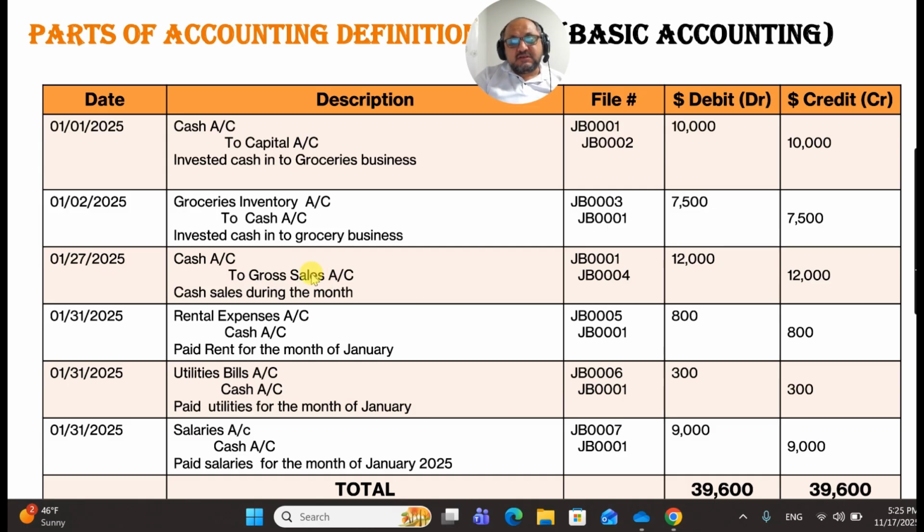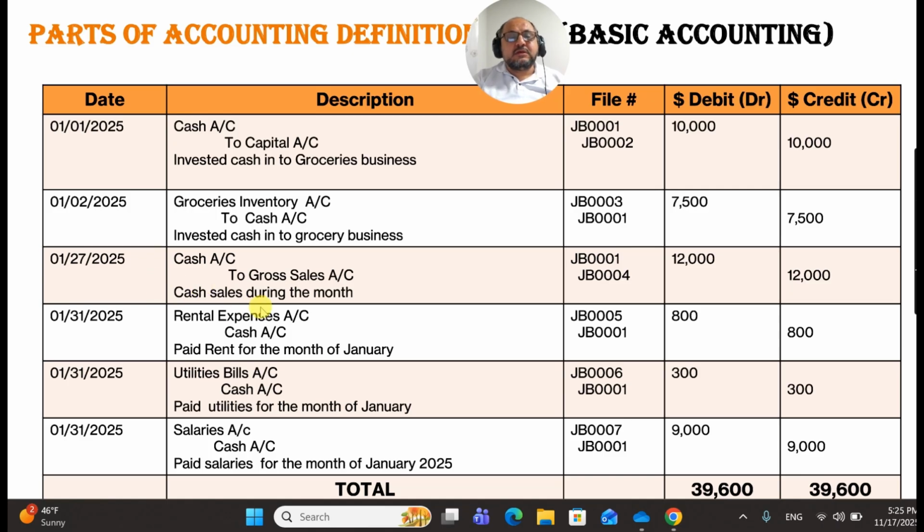We can say current asset also for vegetables, for food materials, whose life is less than a year, or if something's life is more than a year, it is called fixed asset. This groceries can be in the shape of current asset or fixed asset. So here, cash increase is recorded as debit, and decrease in the assets is recorded according to the rule of debit and credit as a credit.